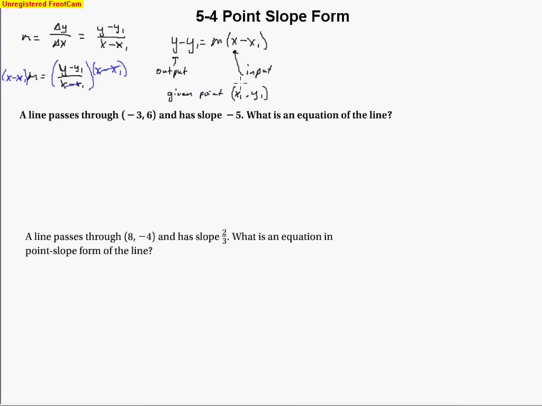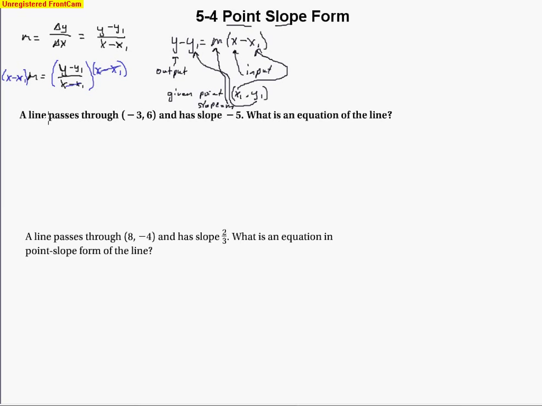We take our x1 and put it in for x1, take our y1 and put it in for y1, and we're also given a slope, which is our m value, and we put that in for m. So this is called point slope, and it allows us to substitute a point and a slope so that we can write an equation. We're going to practice doing that.